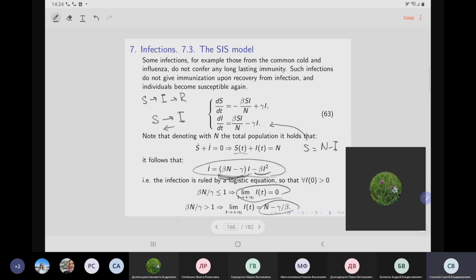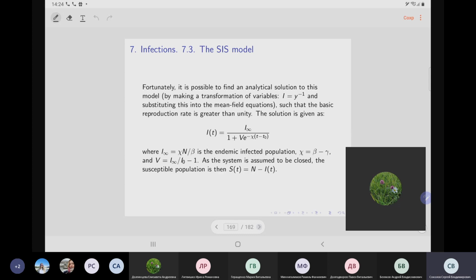And if beta N divided by gamma is greater than 1, then the first is positive, the second is negative. So finally, they will balance each other, and there is the non-trivial equilibrium I equals N minus gamma divided by beta, the same as N minus R0. Quite a simple equation and simple analysis.